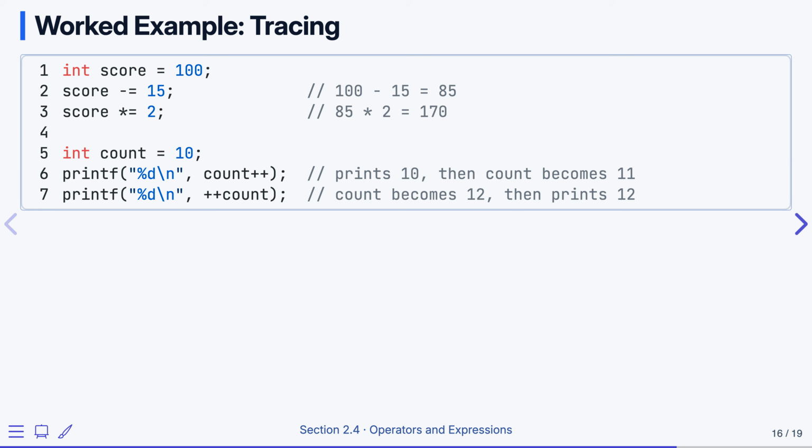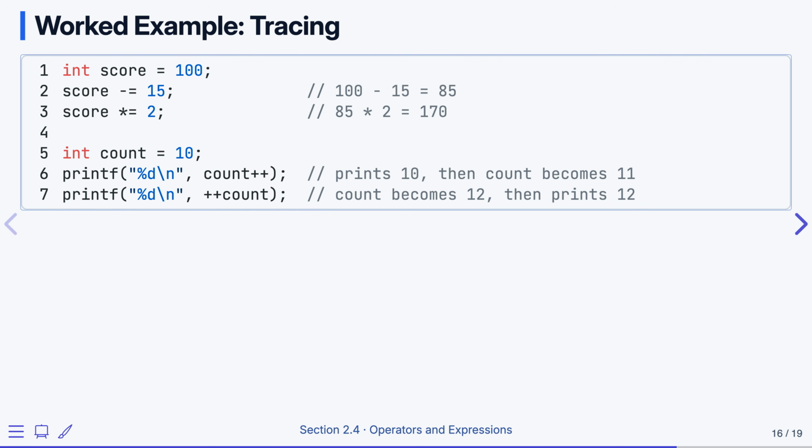Let's trace some code to build fluency. score starts at 100. score -= 15 makes it 85. score *= 2 makes it 170. Now count starts at 10. The first print uses count++. Post-increment returns the old value 10, so it prints 10, and then count becomes 11. The second print uses ++count.